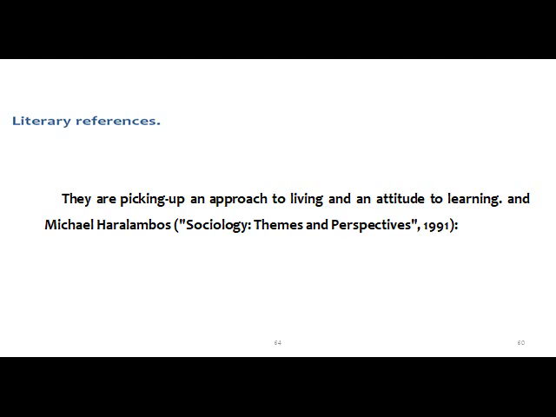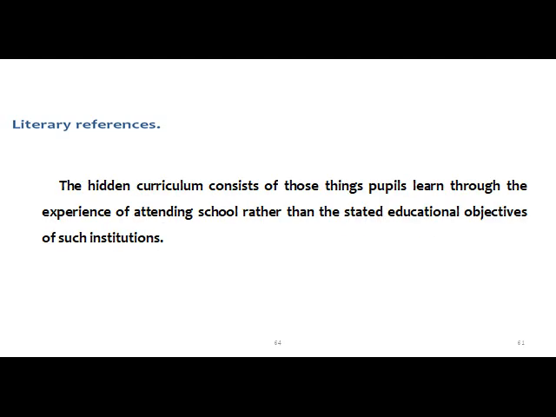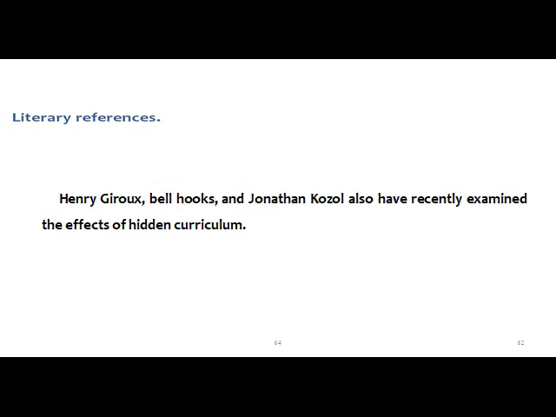In Michael Haralambos's Sociology, Themes and Perspectives, 1991: The hidden curriculum consists of those things pupils learn through the experience of attending school rather than the stated educational objectives of such institutions. Henry Giroux, Bell Hooks, and Jonathan Kozol also have recently examined the effects of hidden curriculum.